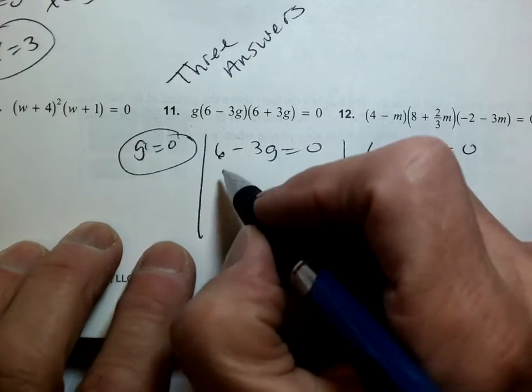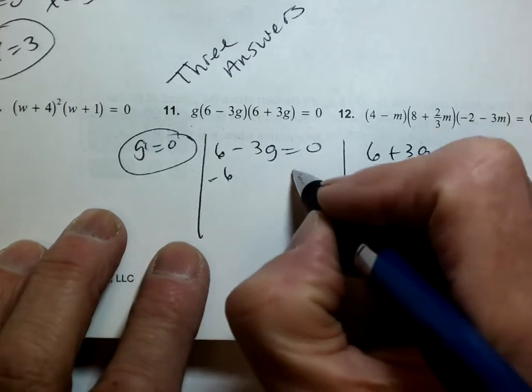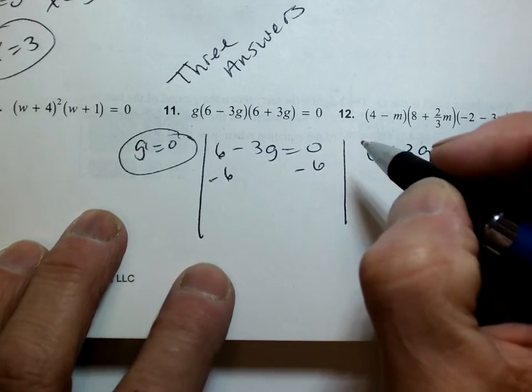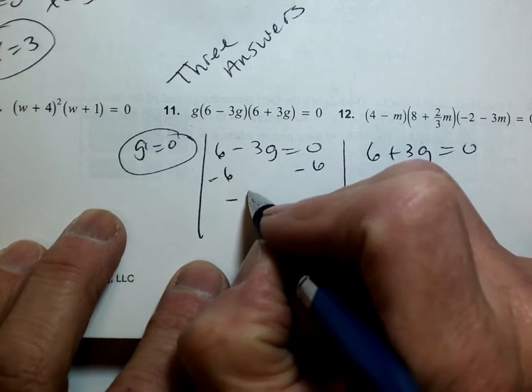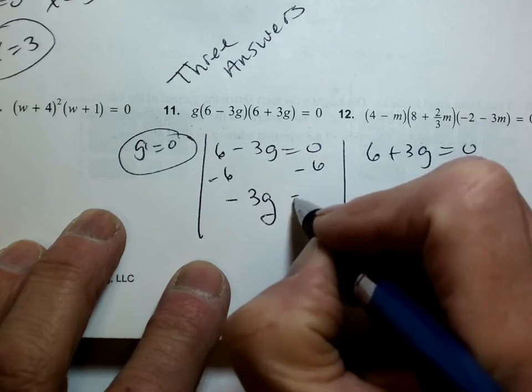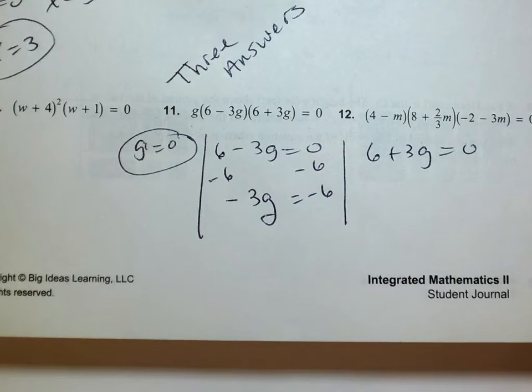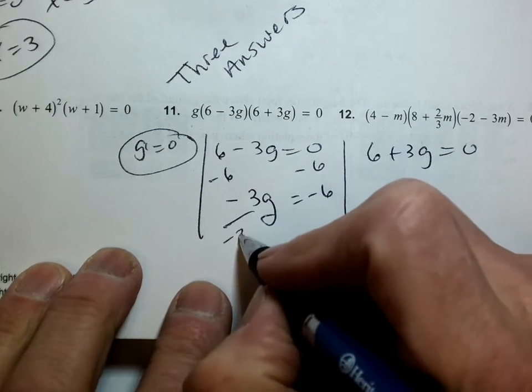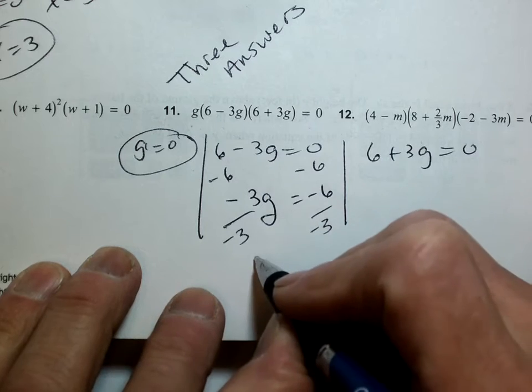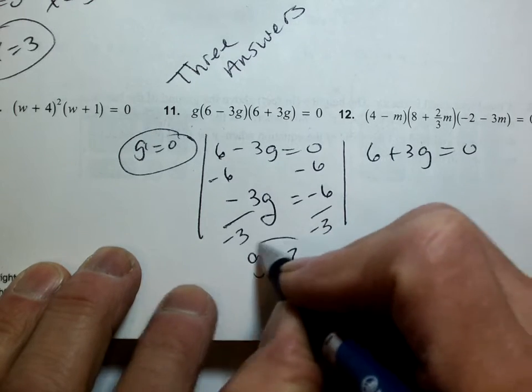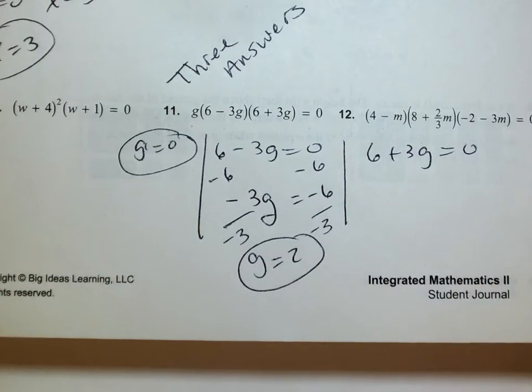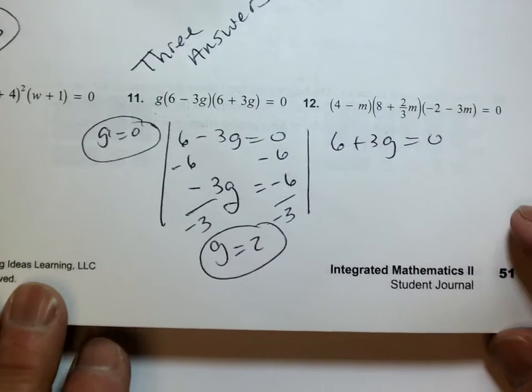So let's go. God bless you. Minus 6, right? If we're going to solve it, minus 6, negative 3g equals negative 6, right? Divide by negative 3, g equals 2. Because negative divided by negative is positive. Okay, so we got 2 answers, right? Okay, let's get the third answer.